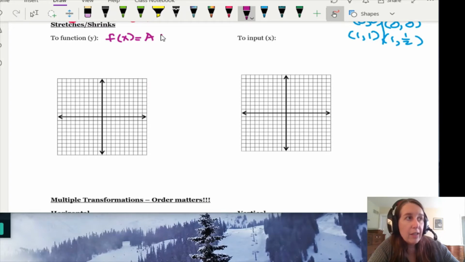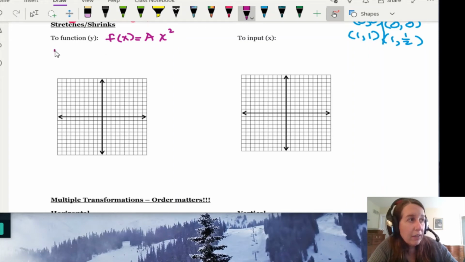So a times, in the case that we just did, x squared, whatever that function is. That a value is being multiplied by x squared, and that's what makes it a vertical change, a change happening to the y values, because it is just multiplied by the whole function of x squared.